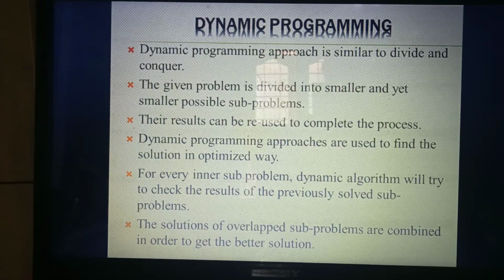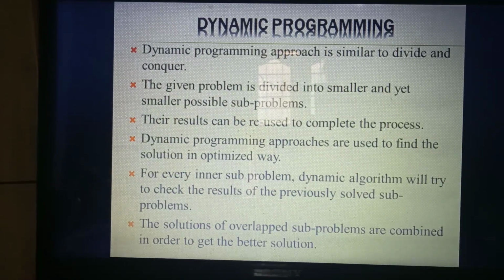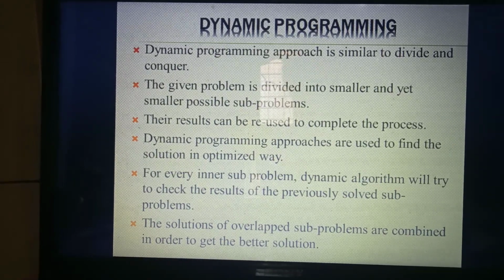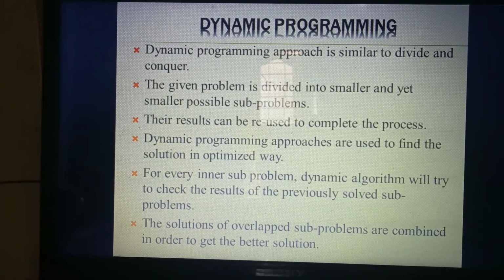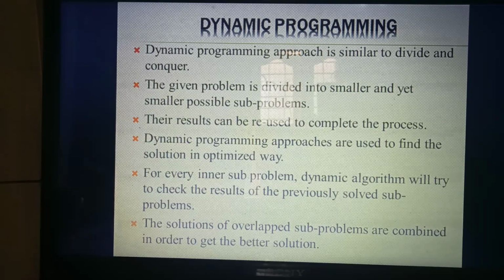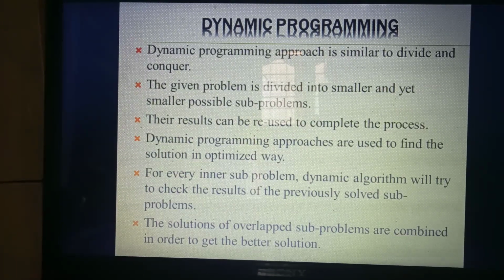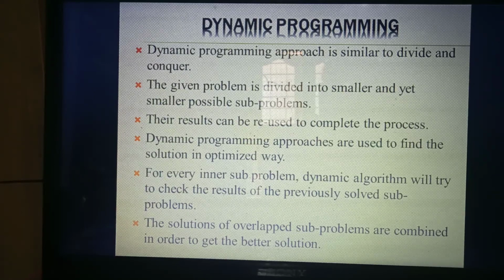Understand now? Yes, what are the things you have studied in the dynamic approach? It is similar to divide and conquer. I am splitting a particular thing. So what's the meaning of this one? The given problem is divided into smaller sub-problems, so whenever you need, you can reuse the particular result. So why are we using this dynamic approach?